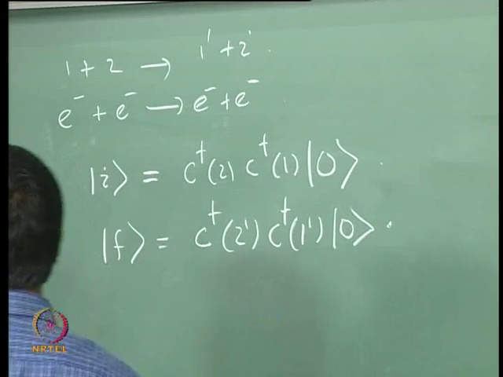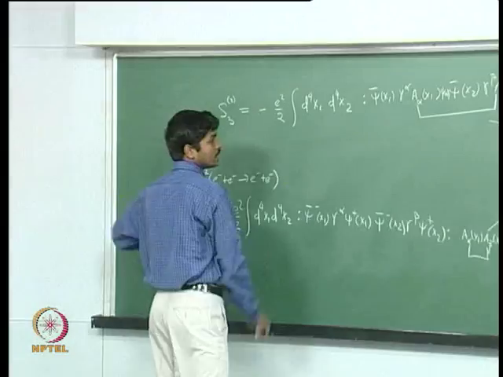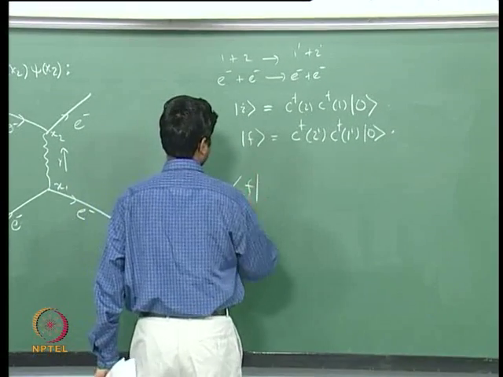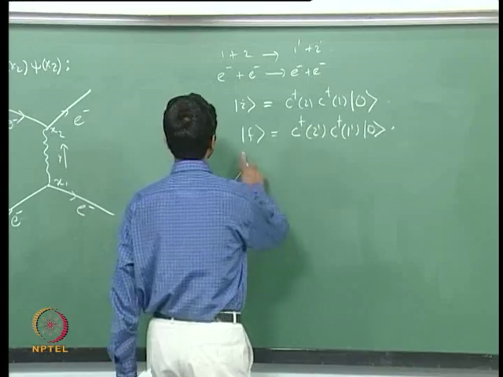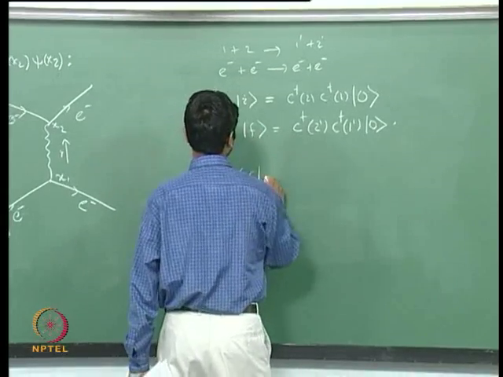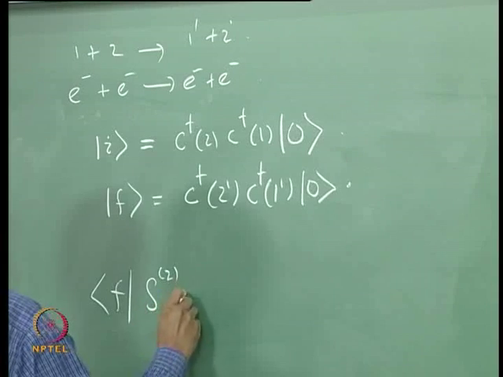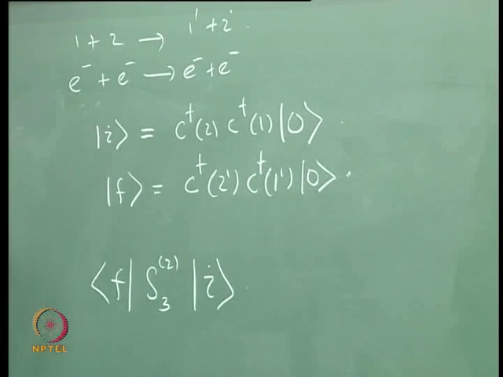So if you want to take this term here and look at its matrix element for this process, S2 3, then what are the terms that you expect?